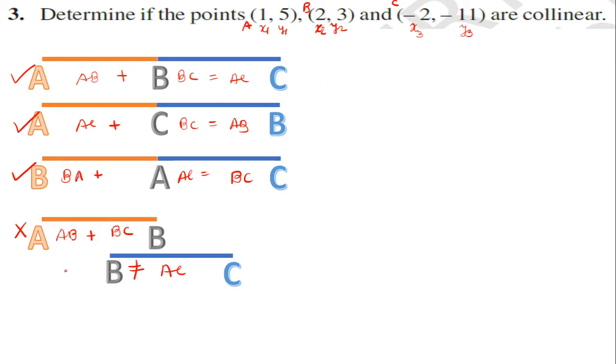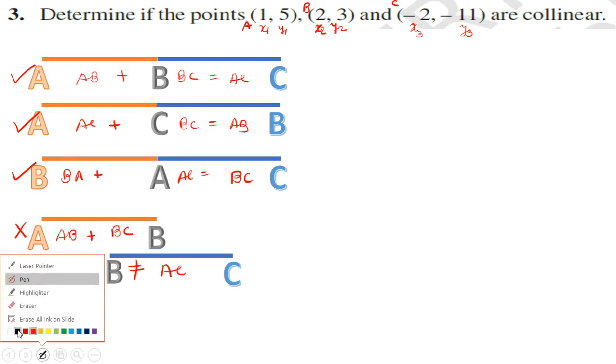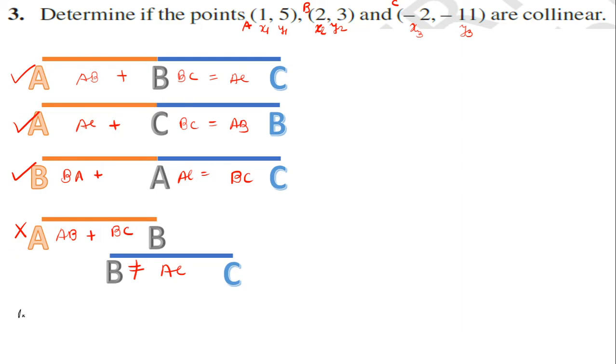If you want to find the distance between A and B, AB is equal to the square root of x2 minus x1 whole square plus y2 minus y1 whole square.